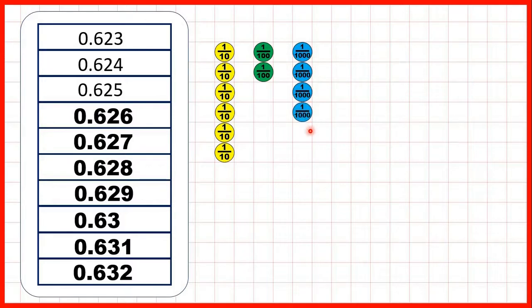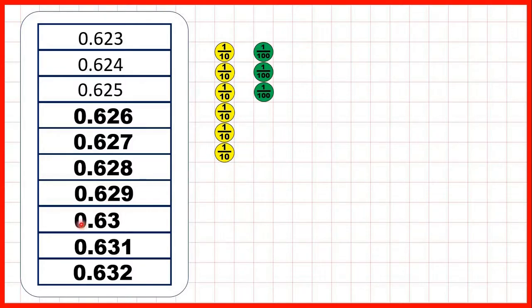So we can keep on counting in thousandths until we have 10 thousandths. But when we get 10 thousandths, we can exchange those for 1 hundredth, because 1 hundredth is the same size as 10 thousandths. But now you can see that we have 6 tenths, 3 hundredths, and no thousandths.